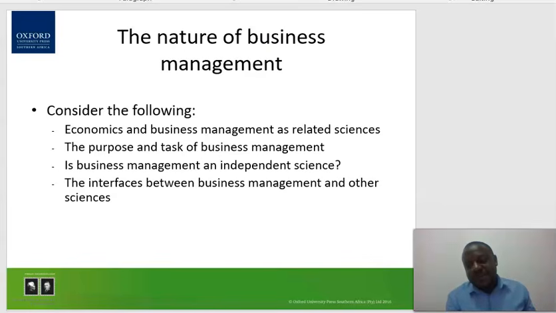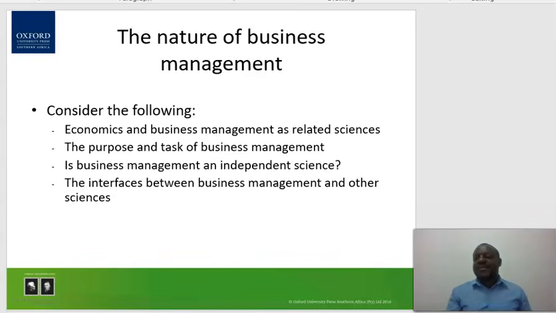So that's the purpose and task of business management: efficiency, productivity, profitability. We are studying those key aspects. How best can we make out of the resources that we have? How best can we be productive? How best can we be efficient? How best can we be profitable?